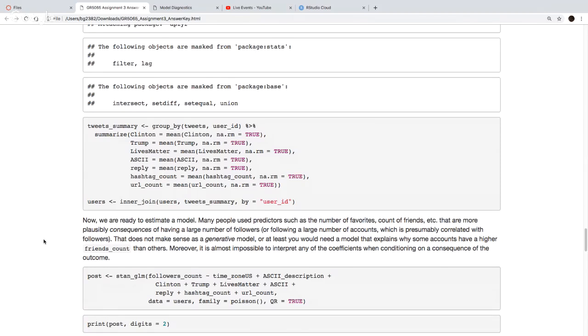It doesn't make sense to say the number of friends you have on Twitter is an exogenous known that just falls from the sky, and then that determines how many followers you have. So, some stuff about the nature of the tweets you're putting out there, or the time zone or the language or things like that.